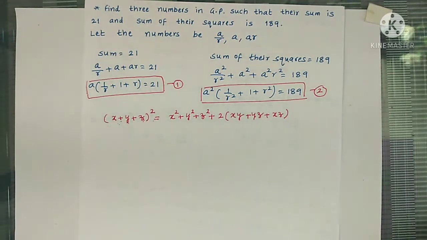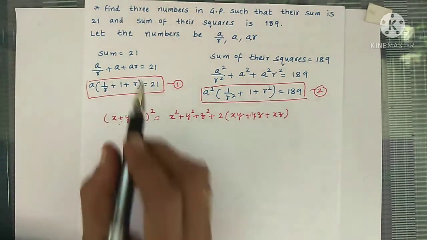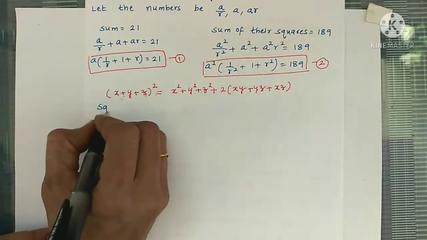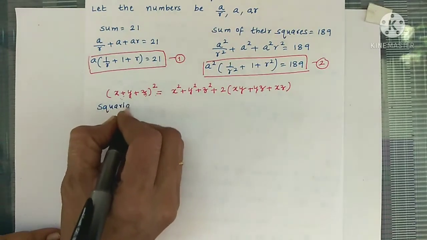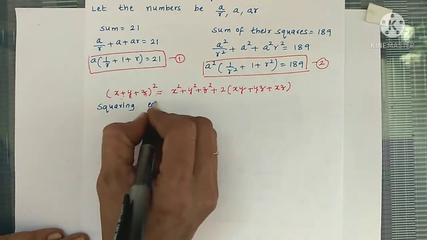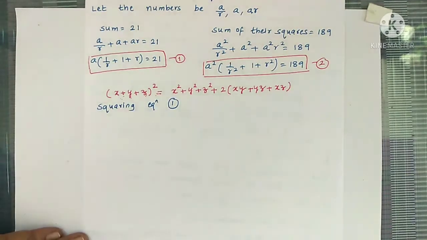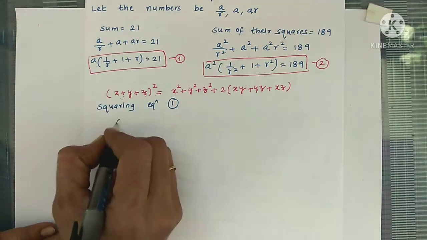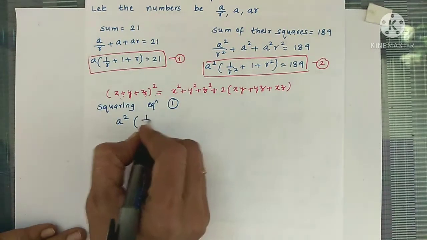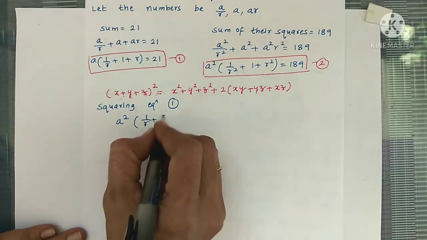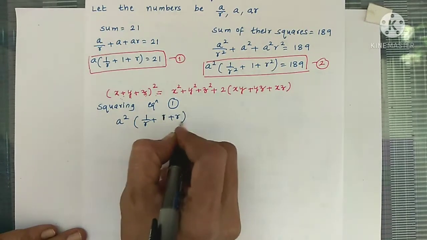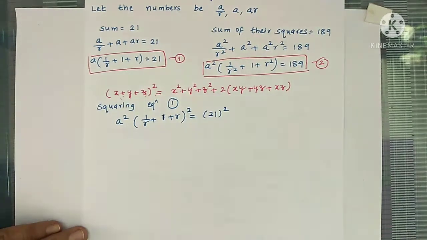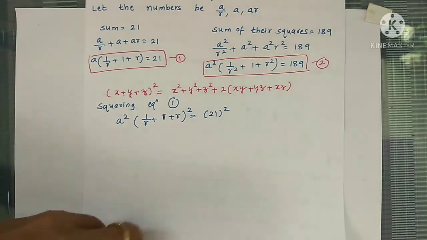Okay, let's use this and let's square equation 1. So squaring equation 1, let's square both the sides. We have to square A and this bracket. So this is A square. And first let's write only the brackets: 1 by R, 1, R, square, is equal to 21 square. In the next step, let's write the value of 21 square.